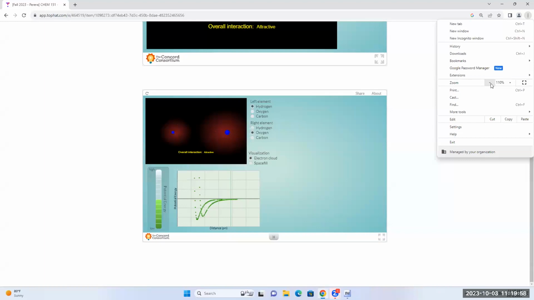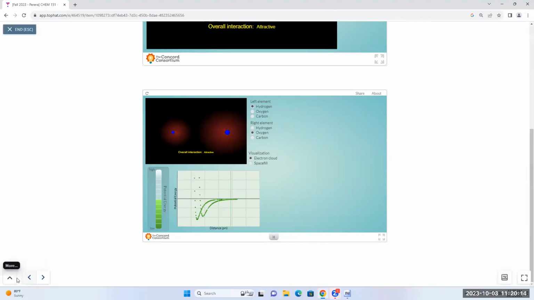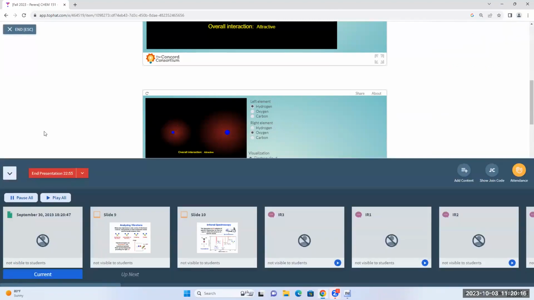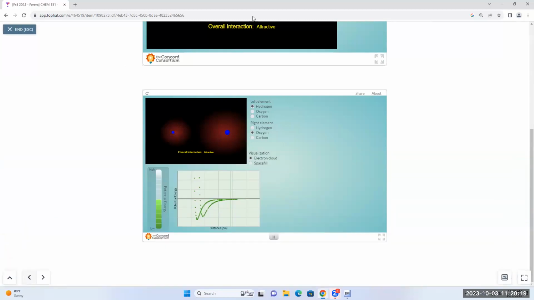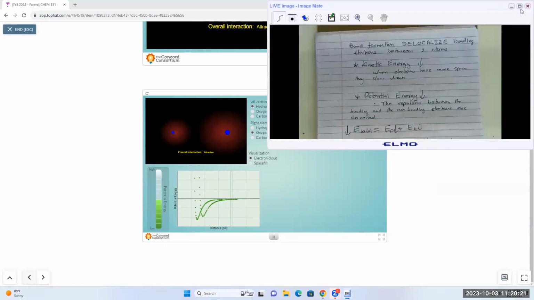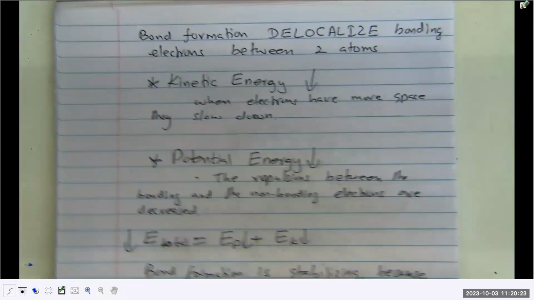Now, if something vibrates, we can define what we call a vibration frequency. So let's talk about the vibration frequency. The vibration frequency of a bond has a special Greek letter.